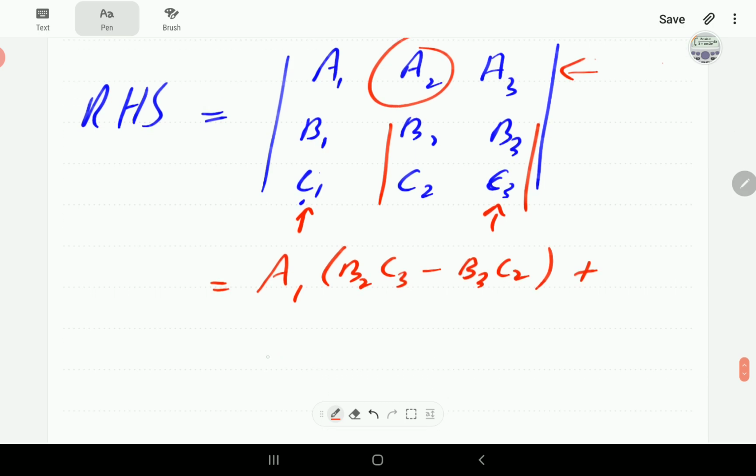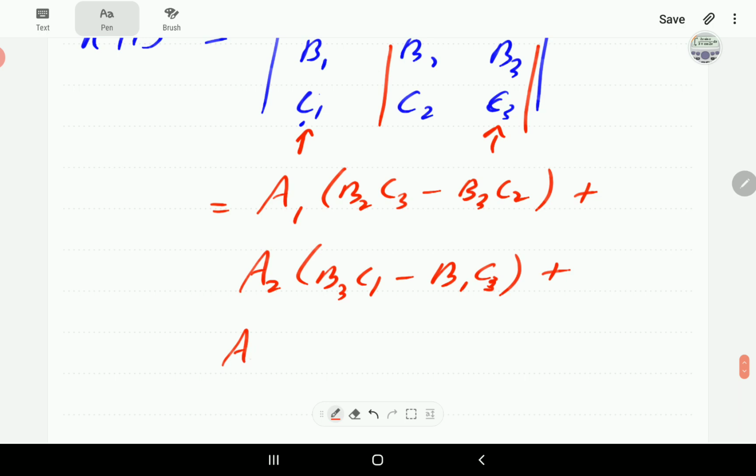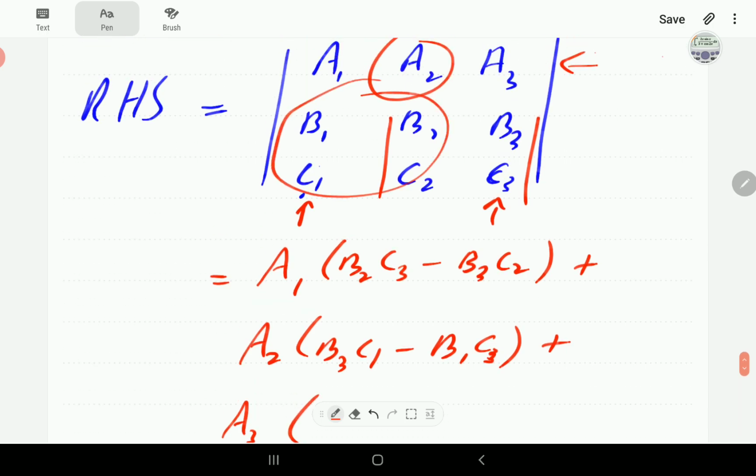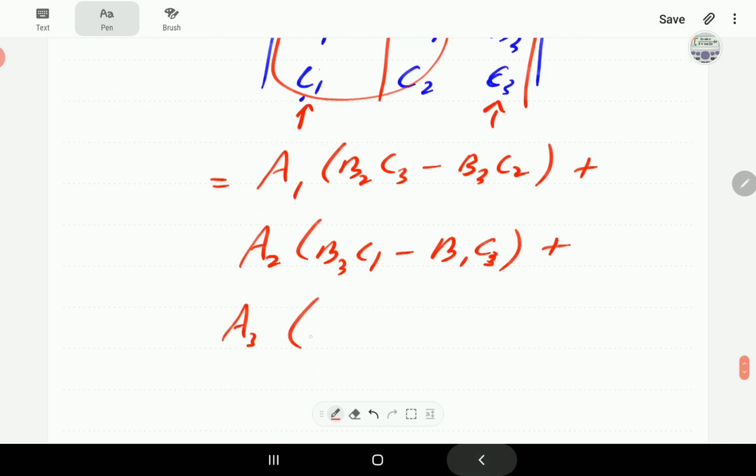A2 is going to be B3 C1 minus B1 C3, and the last one is A3 times this determinant B1 C2 minus B2 C1.